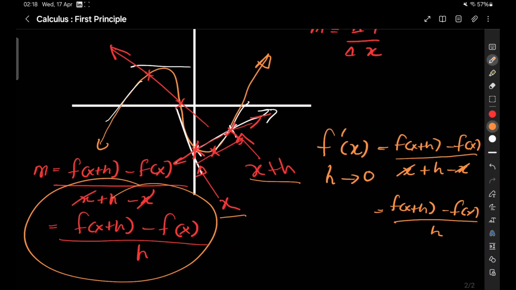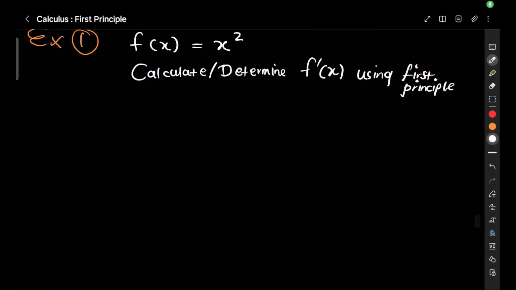So what we're going to try to do is find values and substitute on the numerator, and then find a way to factorize h so that it can cancel. So now let's jump into an example and see how we can apply that first principle derivative method in order to calculate the gradient at a certain point.